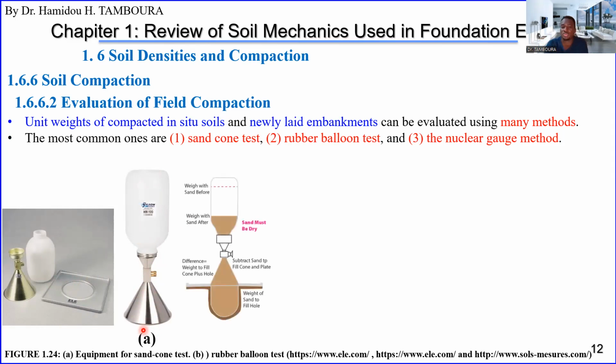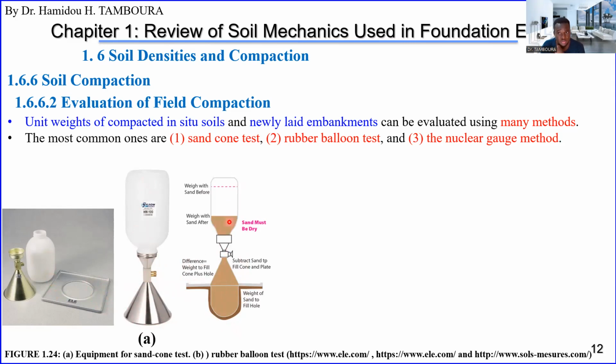Here is how it works. You make this hole in your compacted soil. And this plate, you see this gray part is this plate. Okay? And this is the cone, this part. So this is exactly what is here. This is sand. Okay?